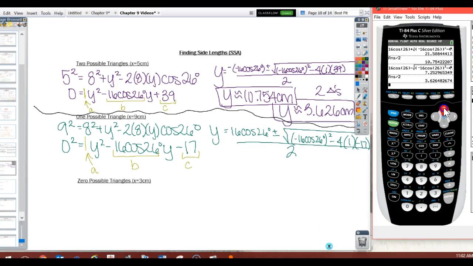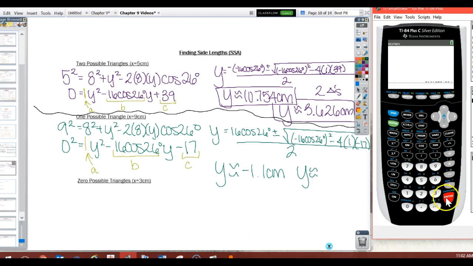So since I already have this typed into my calculator, I'm just going to arrow up and grab it to save some time, and I'm going to change this to a negative 17, divide that answer by 2. So one possible answer that I get is about negative 1.1 centimeters. To get my other answer, same idea, I just need to change this to positive, adding the numerators.